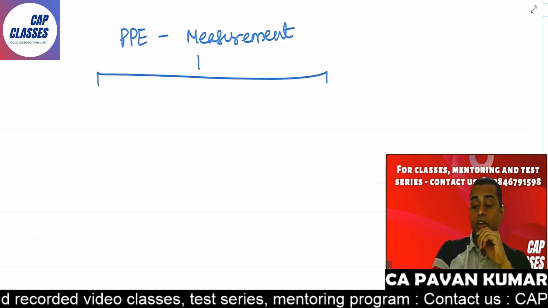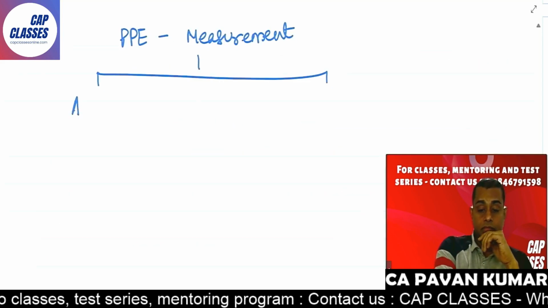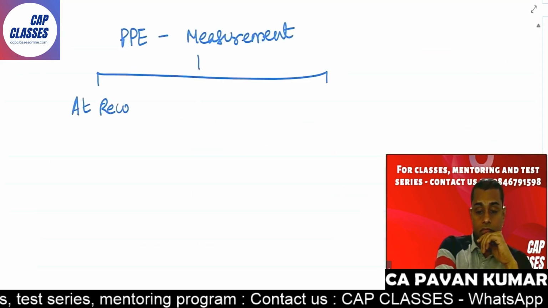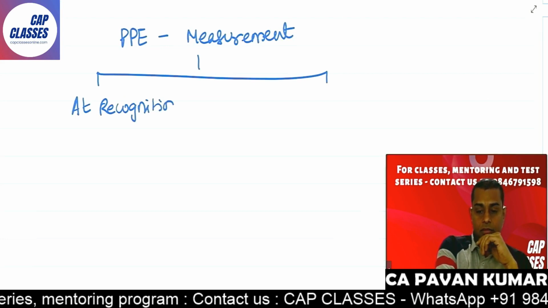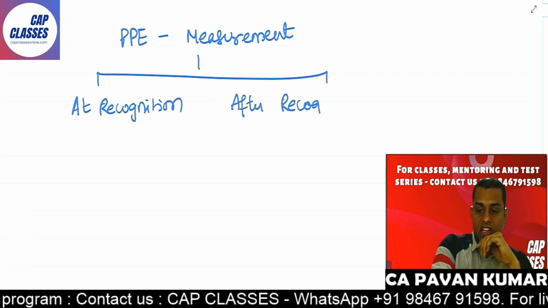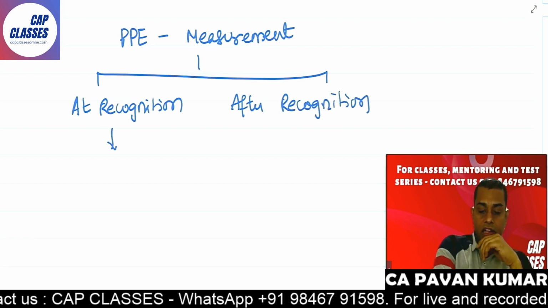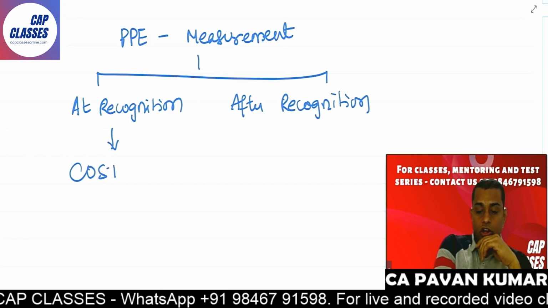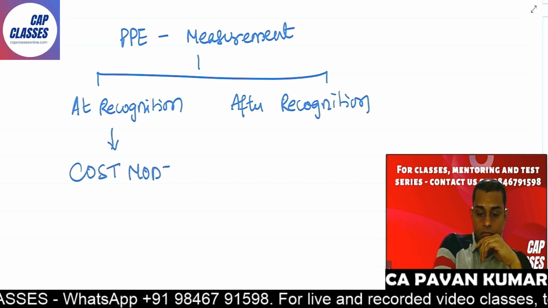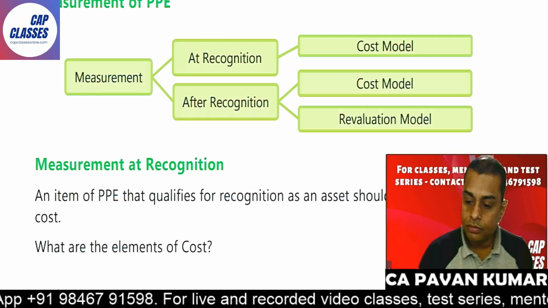Okay. So first one is at recognition. Second one is after recognition. At recognition, there is only one model called cost model. Only one model you have, that is called cost model.